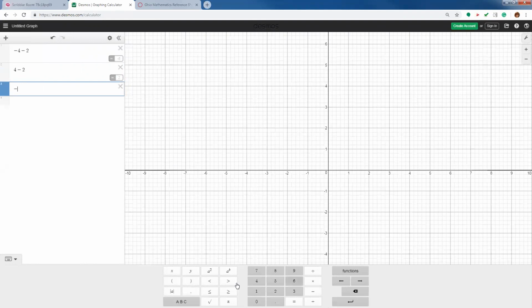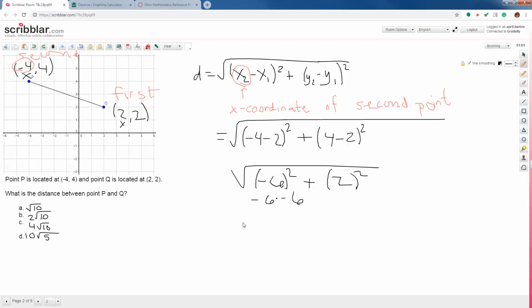So you could type it in, or if you already know, we just know that, yeah, that's 36. And then we have to do 2 squared. That means do 2 times 2. 4. And then we can add, what do we get from the 36? 40.